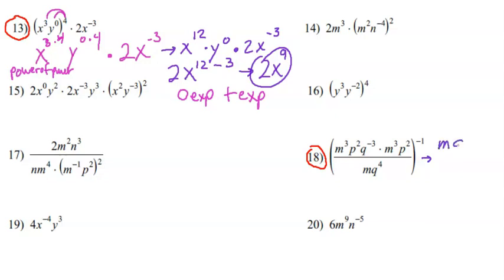So we have m q to the 4th all over m cubed p squared q to the negative 3 m cubed p squared. Now let's move everything to the numerator using our negative exponent property. So we have m q to the 4th, which was already there, and then we're going to add all the rest of these down here, but now we're going to change each of the exponent signs from negative to positive or positive to negative.